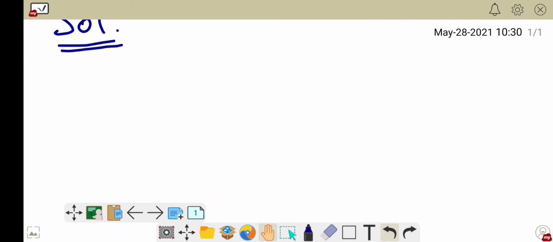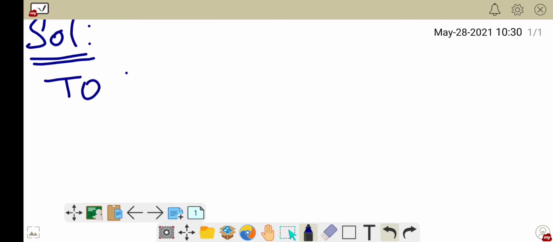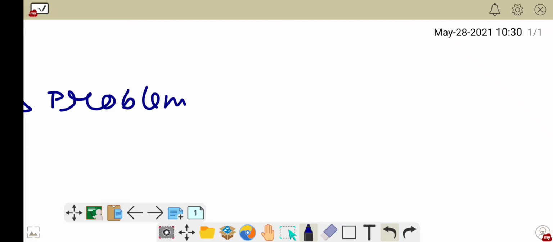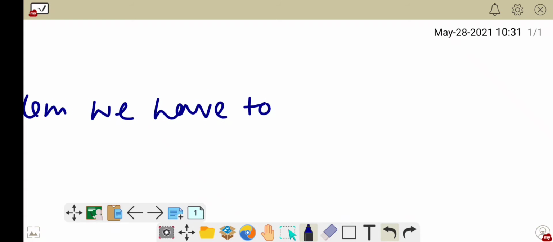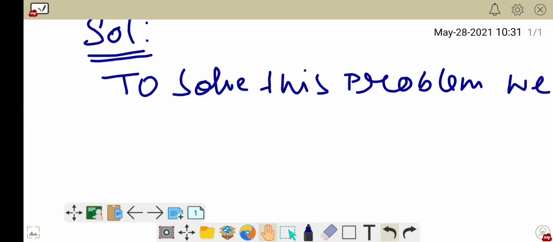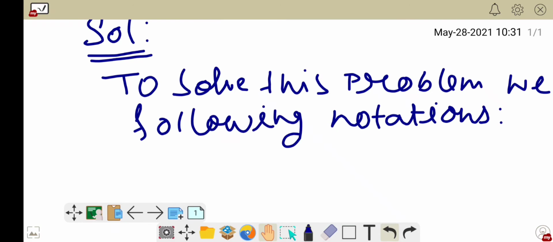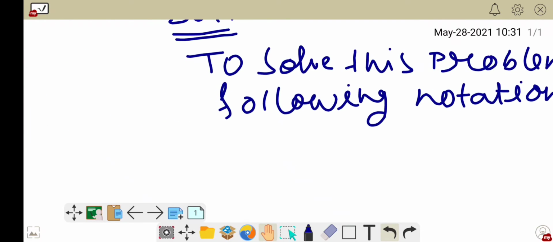So to solve this problem we have to consider the following notations.